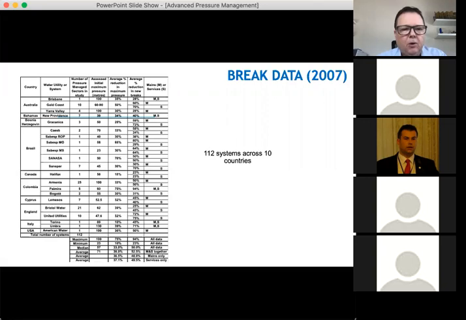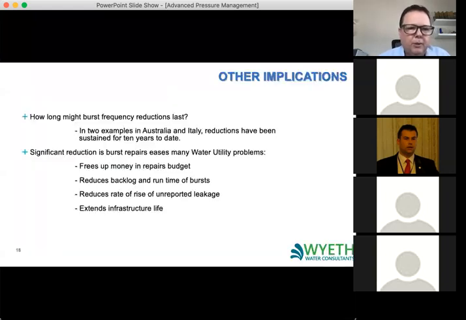But you can see that all of those utilities have had reductions in burst frequency, and many of them, it's more than 50%, which is a huge reduction in terms of managing your burst frequency, which then helps you to free up money for other budgets. If you're not repairing 1,000 bursts a month, but you're repairing 400 or 500 a month, you're saving half the budget that you would be spending on those repairs.